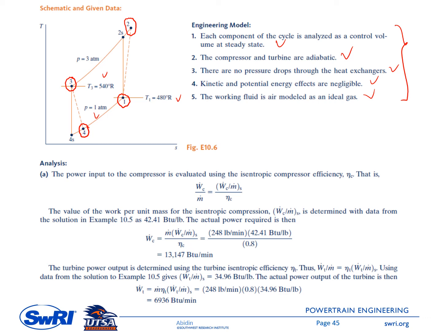The first question is the power input to the compressor and to the turbine to get the net power. From the previous problem, we already got the required power by the compressor. In this problem, the isentropic efficiency of the compressor is given as 80%. To get the actual compressor work, we just divide the isentropic compressor work by the isentropic efficiency.